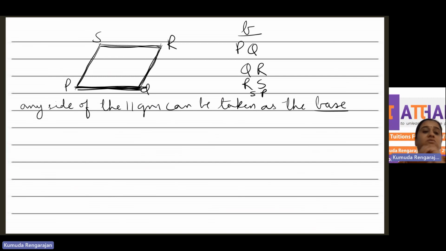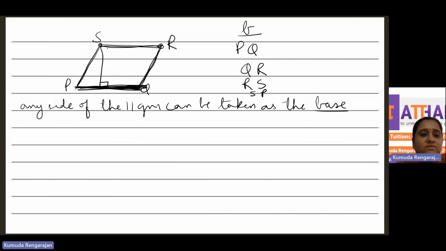Altitude is important. So now, if you take PQ as the base, then the altitude should come from the opposite vertex. Now, which are the vertices opposite to PQ? S and R. So you must get a line segment like this from S landing on PQ and making 90 degrees with PQ.